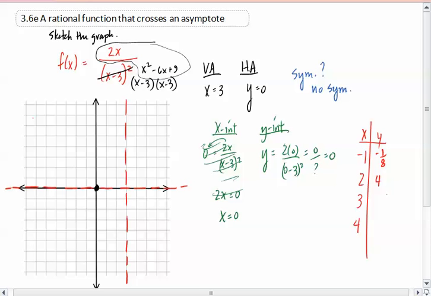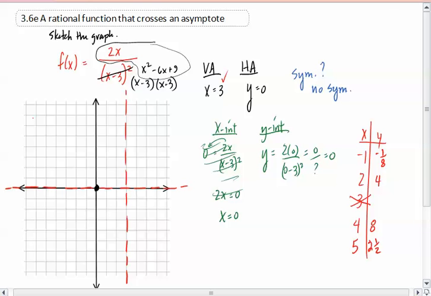If I put in a 3, well, I can't put in a 3. That's silly, because there's a vertical asymptote at 3. I think I meant to say a 4 and a 5, perhaps. If I put in a 4, I get an 8. And if I put in a 5, I get 2.5. Let me plot those points.